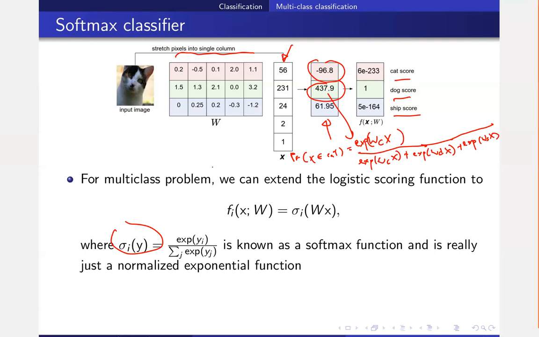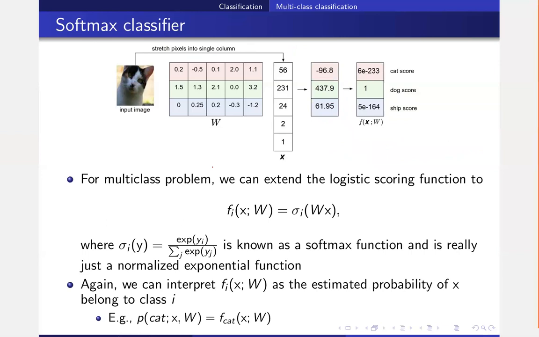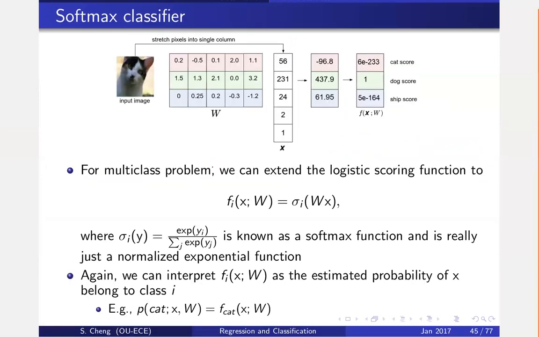Now for training, it's very similar to before. We want to design some loss such that it tells whether your classification is good or bad compared to the ground truth.